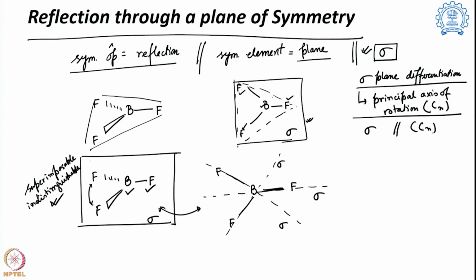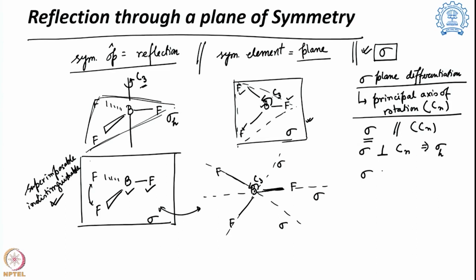And previously we have already found that the principal axis is this one, where you have a C3 in the BF3 molecule. So over here is this one, C3. Now if your sigma plane is perpendicular to your principal axis, for example this is the C3 and you can see this particular plane is perpendicular to it, we define it as sigma h. So it is a sigma h plane.